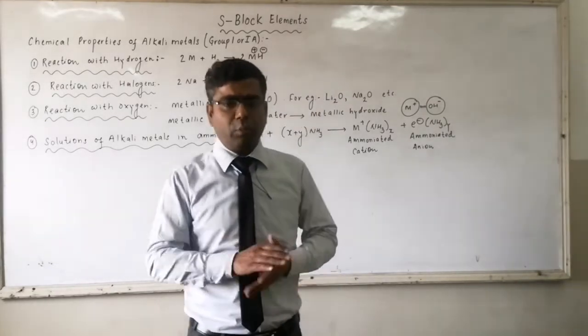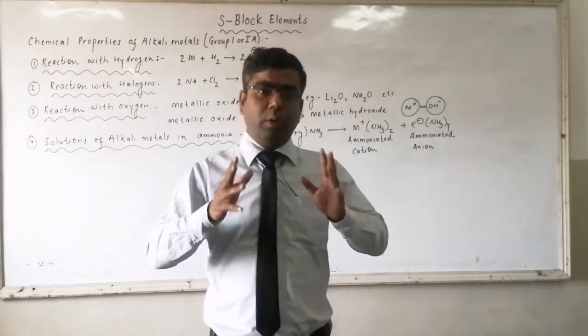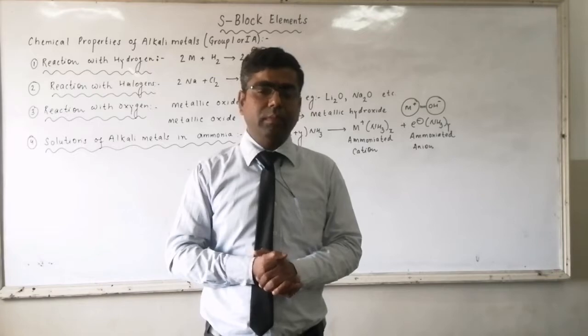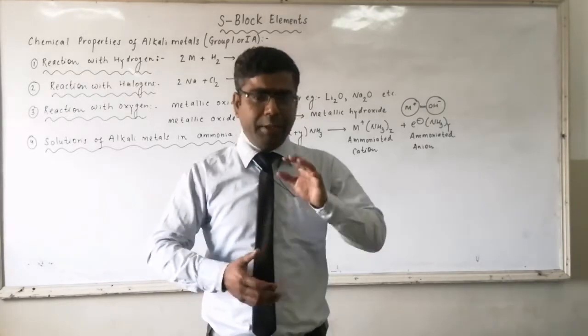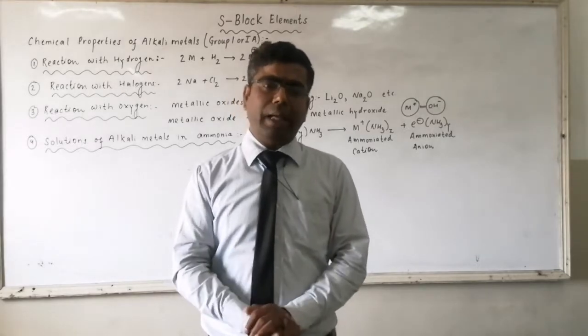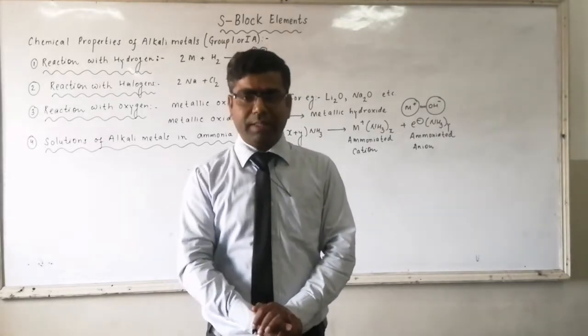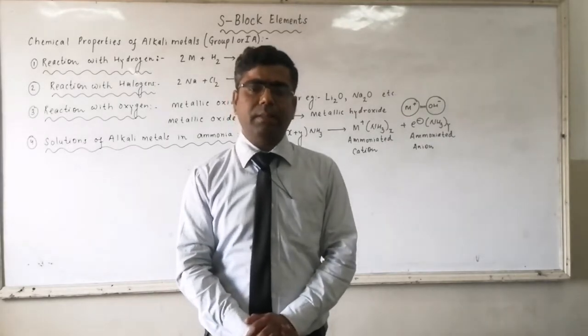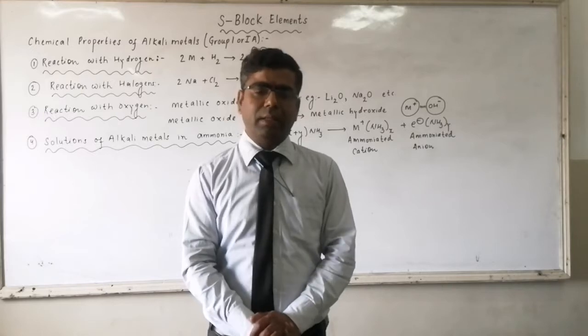Then we have talked about S block elements. I've told you that there are two groups assigned to S block elements. Group 1 or first A, which is called alkali metals. Group 2 or second A, which is called alkaline earth metals.